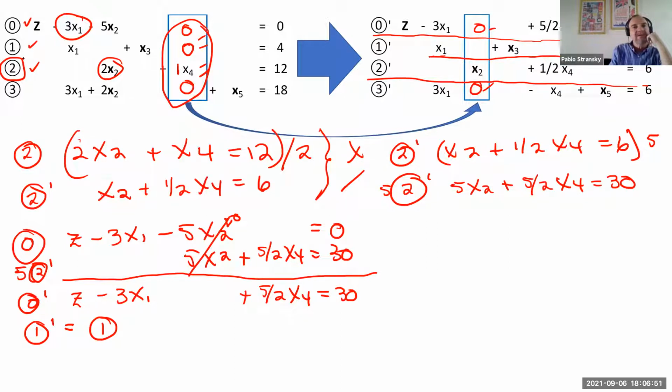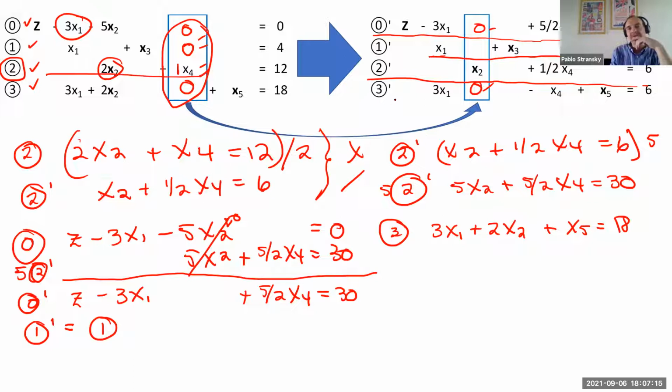Now let's work equation number 3. In equation number 3, what we got is 3x1 plus 2x2 plus x5 equal 18. My point is, how can I use either equation 2 or equation 2 apostrophe to eliminate this 2? I got here a 2x2 from equation 2, so I can use the original equation.